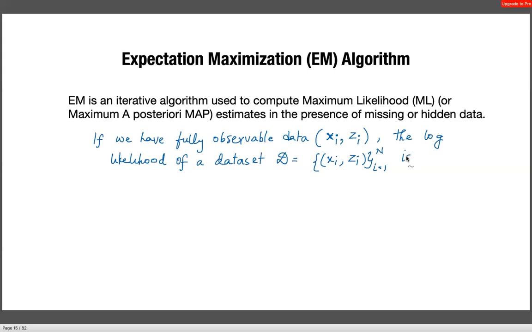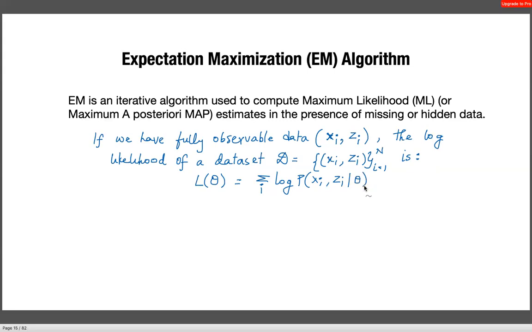What is the log likelihood of the data set? It's denoted by some L of theta, where theta are your parameters, and it's the sum over i of the log of the joint probability of x_i, z_i given theta.